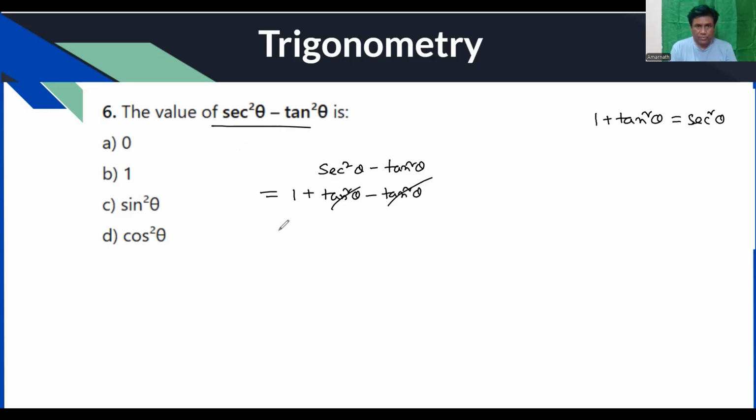So tan square theta will get cancelled, so 1 is left. So the answer is 1 only, okay? Do you understand? Can I proceed? Yes, sir.